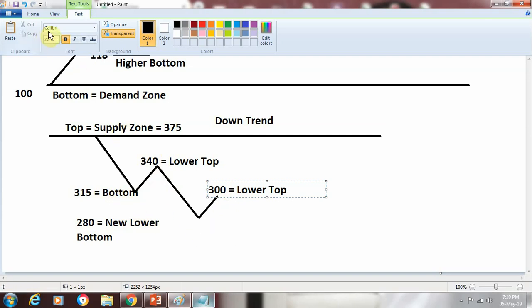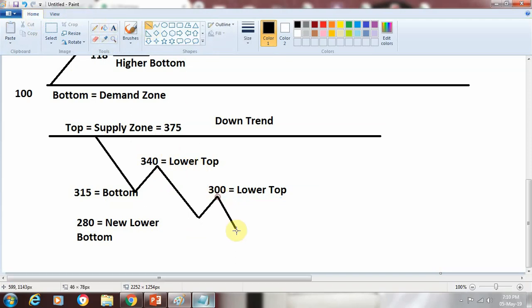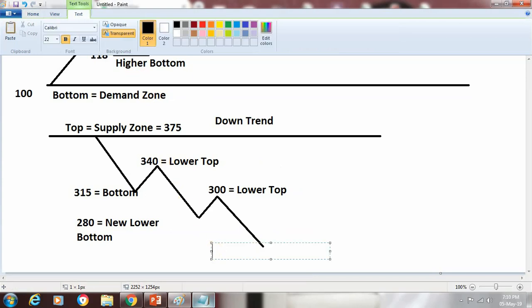So if I say the next bottom comes around 245, I have a new lower bottom.